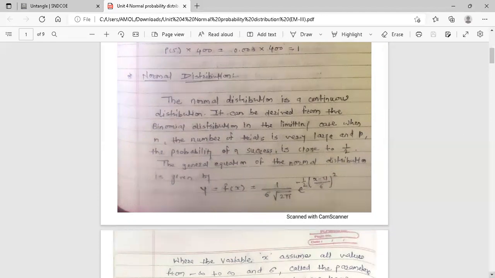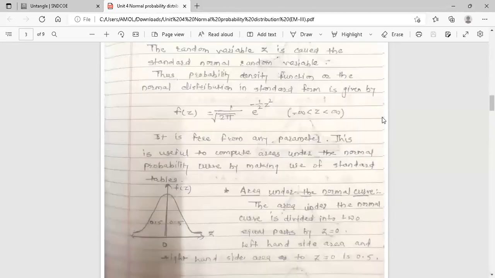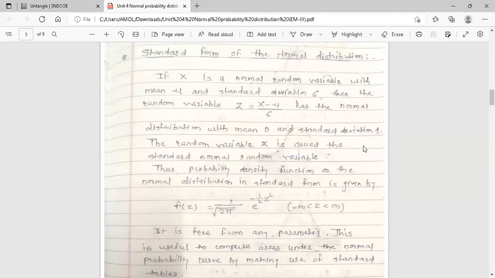So this equation reduces to 1 upon under root 2 pi into e to the power minus half z square. We replace x by z, mu is 0, sigma is 1. This is the equation of the normal distribution in standard form, and z lies between minus infinity and infinity.